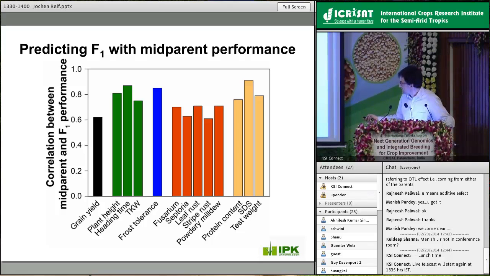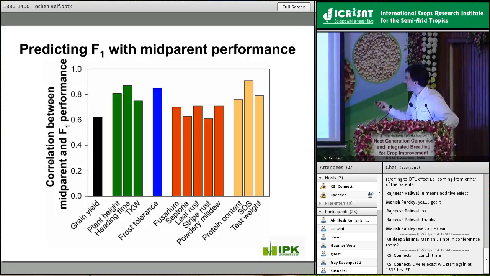And for the 13 traits which we have analyzed so far, you can see that the mid-parent performance is quite a good predictor of the hybrid performance, especially for the less complex traits like quality traits or for these economic traits. You can really have good guesses of the hybrid value looking at the parents.